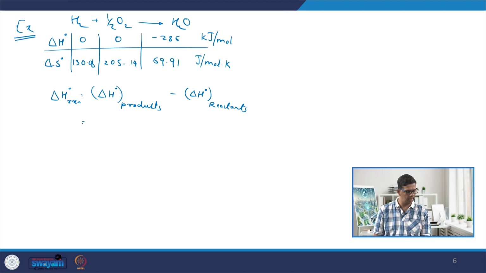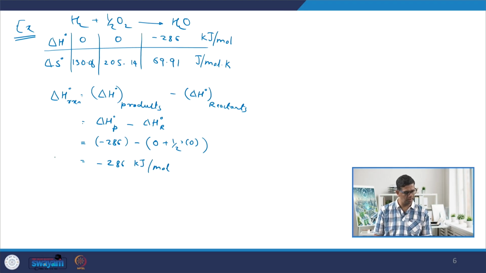I can also write this as delta H naught P minus delta H naught of R. So, what is our enthalpy of the product? It is minus 286 kilojoules per mole, minus enthalpy of reactants, which is 0 plus half times 0.